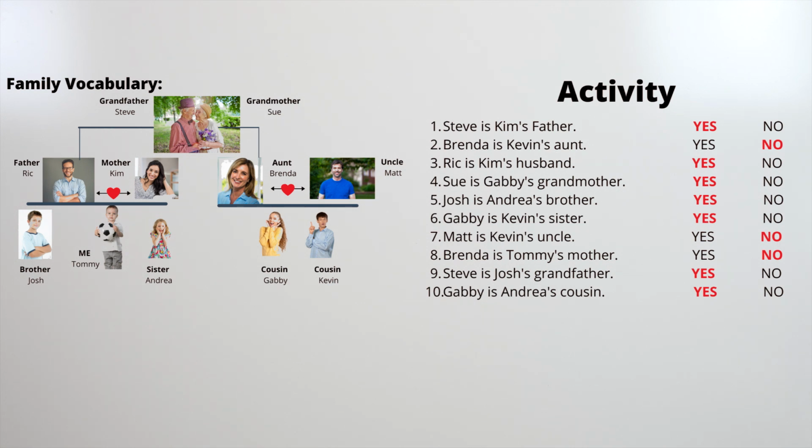Number 7, Matt is Kevin's uncle. You should have said no. Number 8, Brenda is Tommy's mother. The answer to number 8 is no. Number 9, Steve is Josh's grandfather.